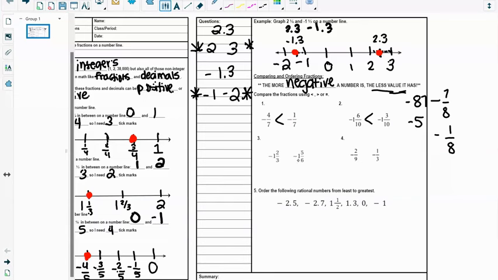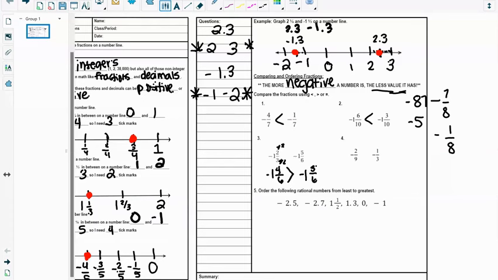All right. Here, the first thing we'd have to do is make common denominators. We can easily make 3 into a 6 by doing times 2. This is negative 1 4/6. Negative 1 5/6 stays the same. Which one of those numbers is more negative? That would be negative 1 5/6. So when it's negative, negative 1 4/6 is actually larger.